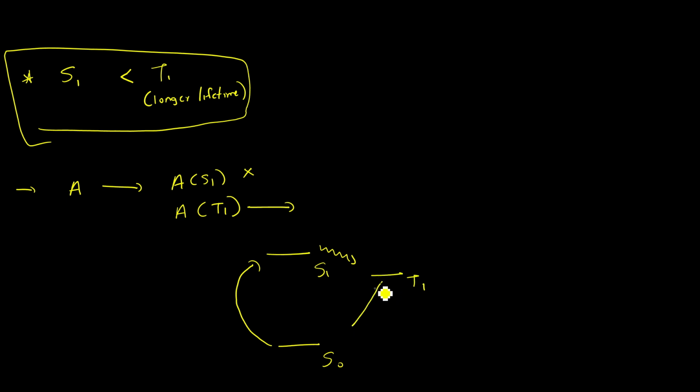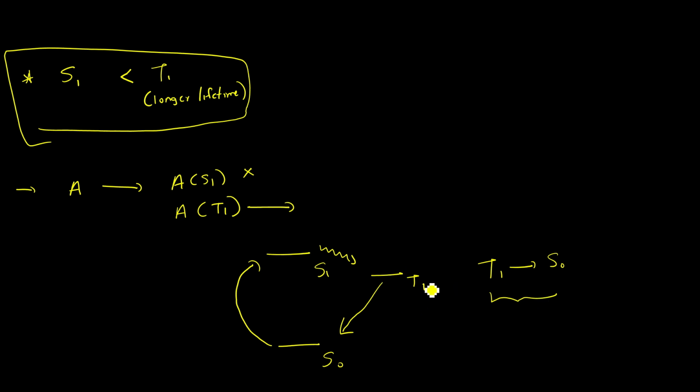T1 to S0 is very slow. This is very slow because the transition from T1 to S0 is spin forbidden. If you remember, this is spin forbidden. That's why direct excitation from S0 to T1 doesn't happen. These are spin forbidden transitions.